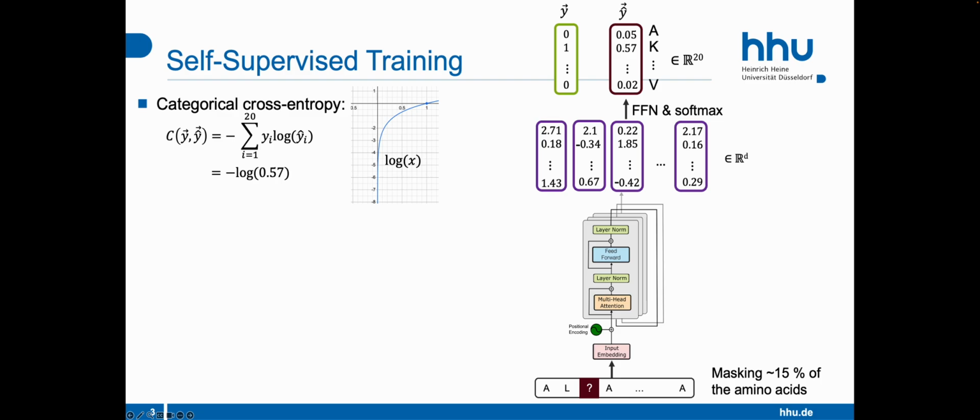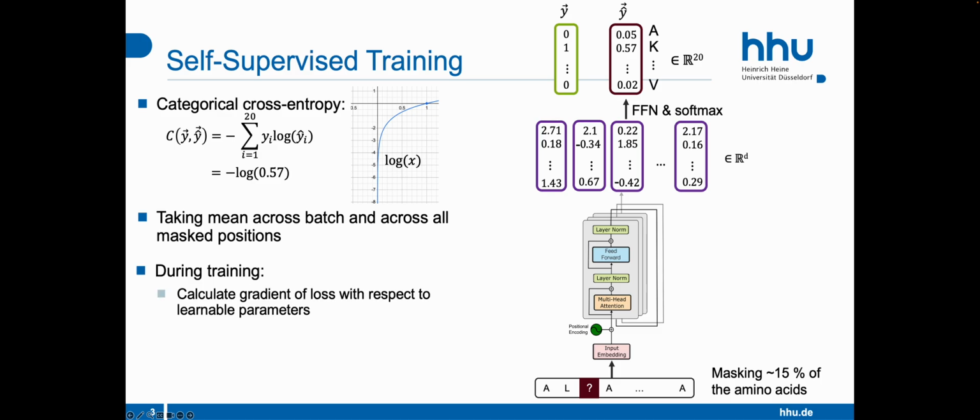As you probably know, we apply the encoder during training typically not only to one sequence, but to multiple sequences at once that are part of a mini batch. In this case, we simply calculate the average categorical cross-entropy across the batch and across all the masked positions in these sequences. During training, we would process a batch, compute this average loss, and then compute the gradient of this loss function with respect to each learnable parameter.